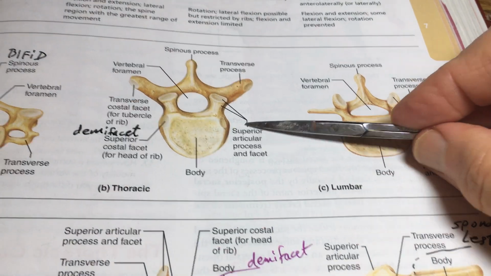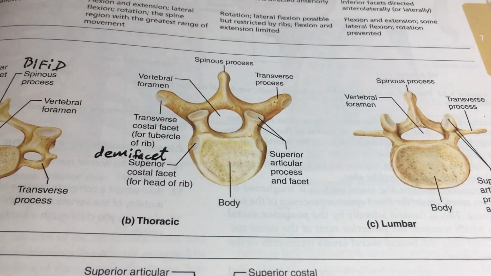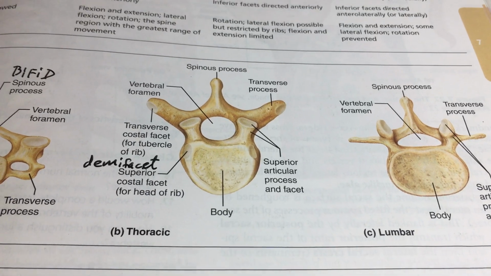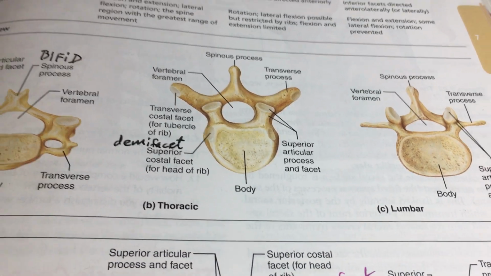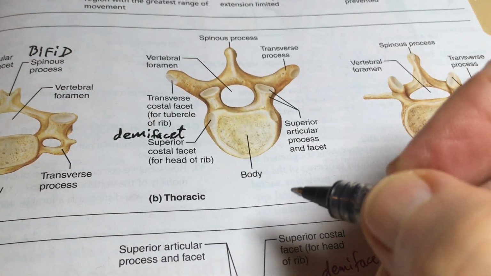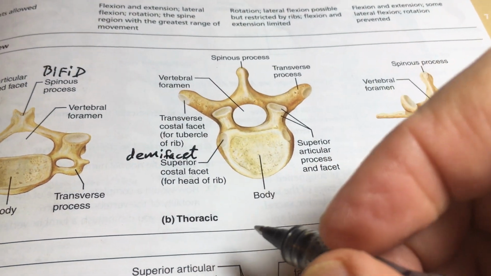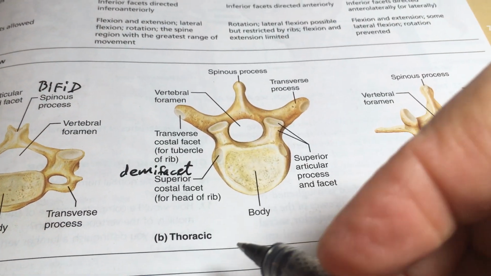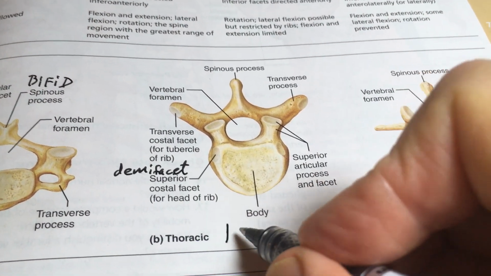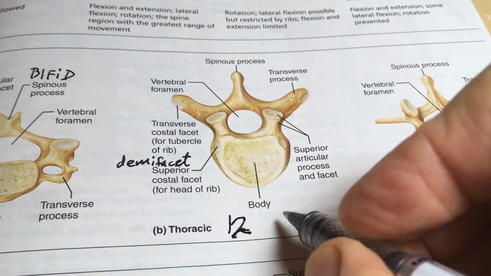But at any rate, then how many facets here are there? How many joints are there for a thoracic? And we're going to note that there's 3 above, 3 below, 6 standard, and then we have 3 on each side for ribs. So 3 on each side is another 6, and now we're looking at 12 joints.